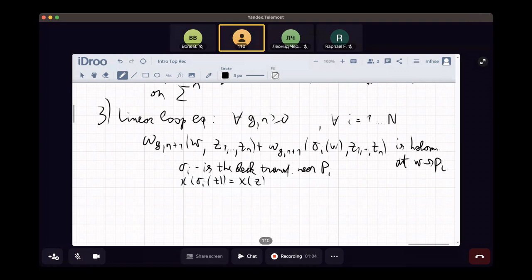Recall that by our second condition it was a meromorphic function, so it has a Laurent expansion with some finite number of terms with negative powers. And this condition is that the principal part, namely all the terms with negative powers in the Laurent expansion, is 0. This is the equation. Is it clear to everyone?